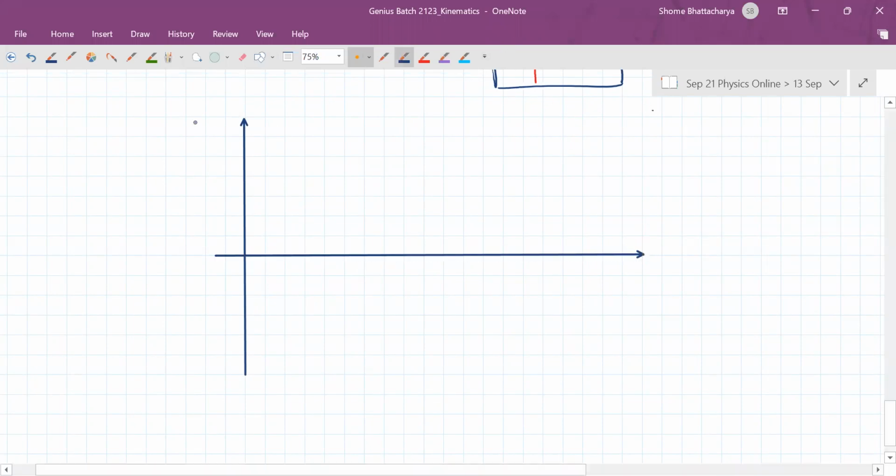This is, let's say, a velocity versus time graph where we are using the convention that upward is the positive axis. Okay. So for the bolt, what is the velocity-time graph going to look like?